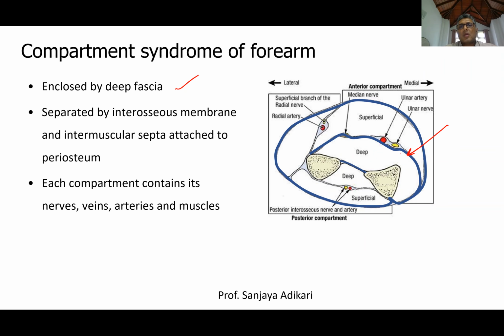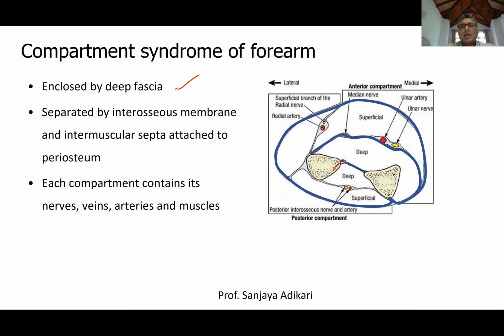And again, you have superficial and deep compartments. Then you have the interosseous membranes between the two bones in the forearm and the leg. These interosseous membranes and the intermuscular septa actually blend with the periosteum of the bone. So you cannot separate them out unless you tear them off.